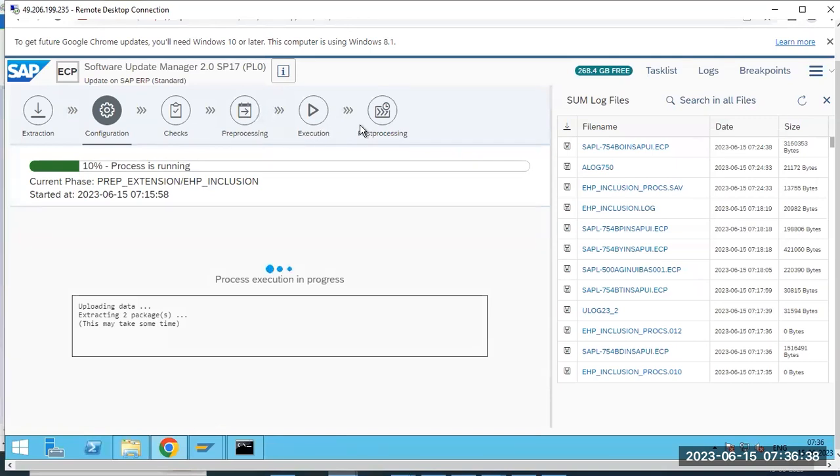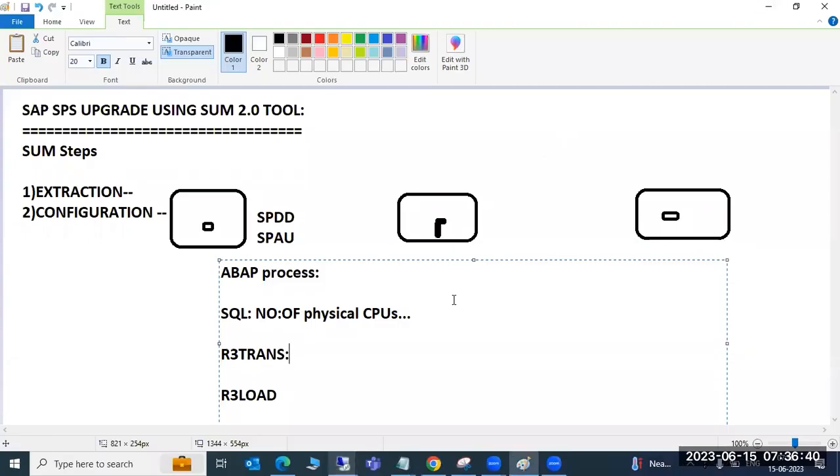In the configuration phase, you are defining the parameters. How are you defining the parameters, like uptime batch processes, downtime batch processes, SQL processes? Definitely they will ask you how you define these. Whoever did the upgrade can see the screen.